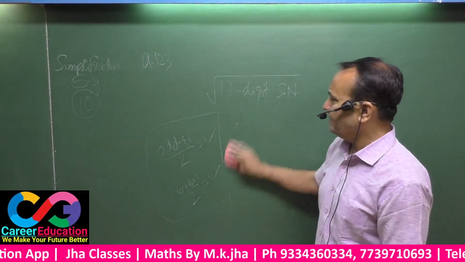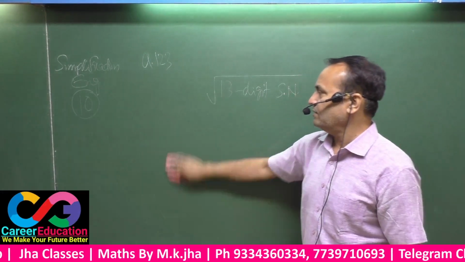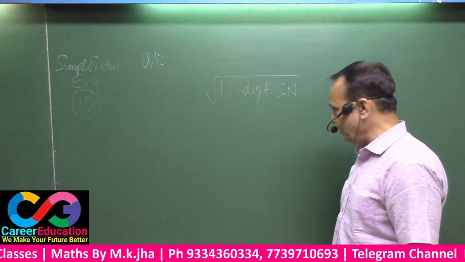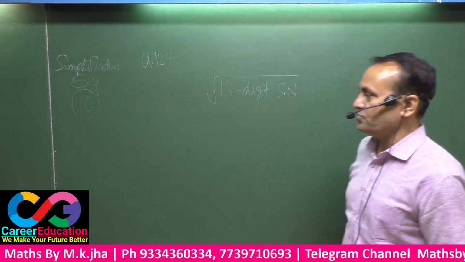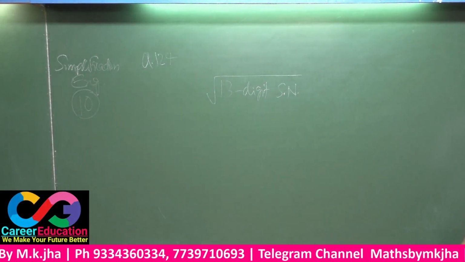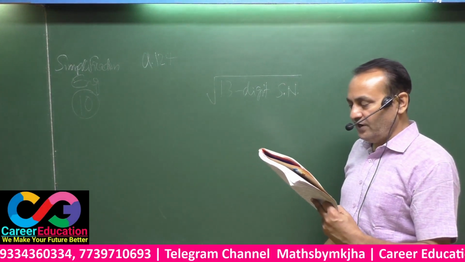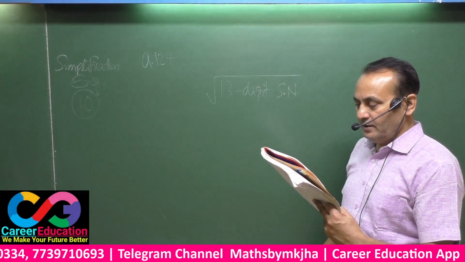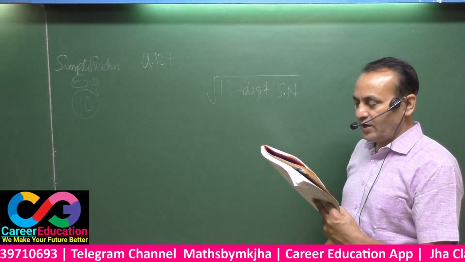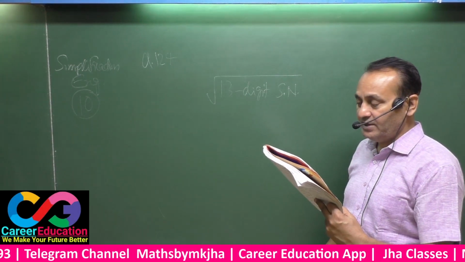Now the next question, 124, is: how many digits will there be after taking the square root of a perfect square number having 18 digits?